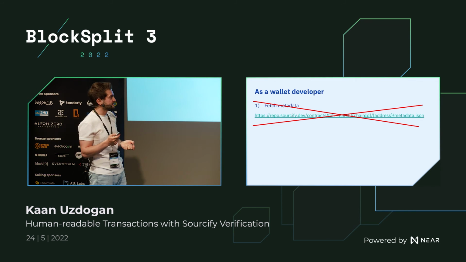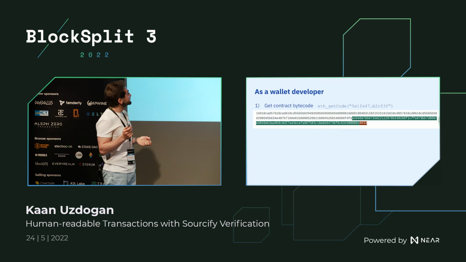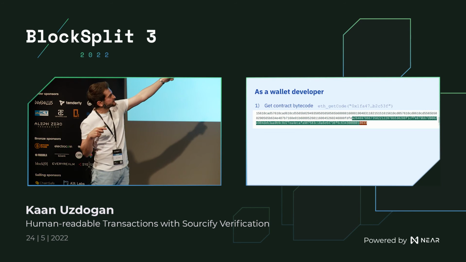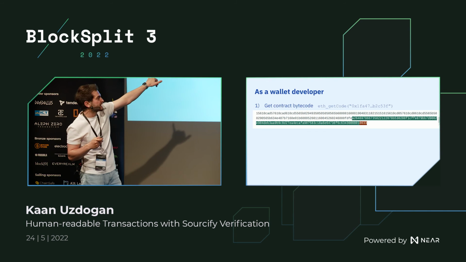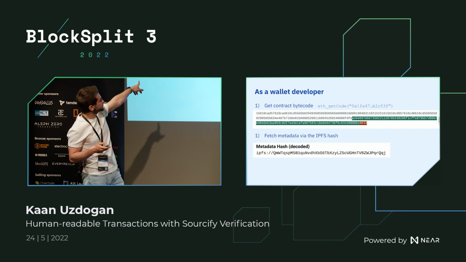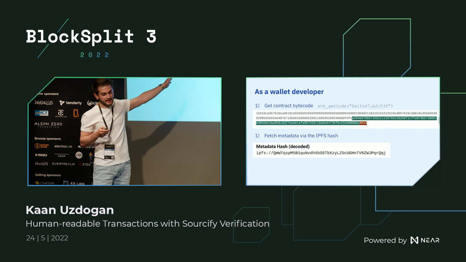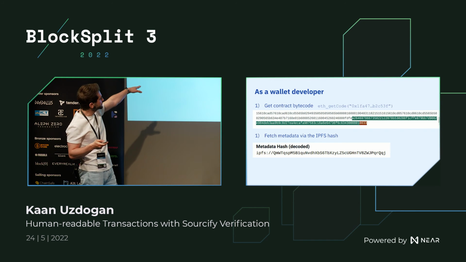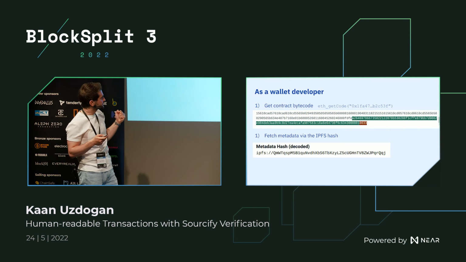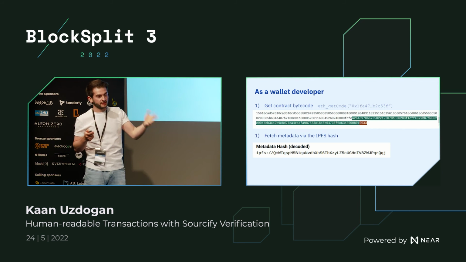What I mean by that is, you have the contract bytecode. Let's roll back. And this section has the IPFS hash of the metadata file, right? The metadata JSON file. So you can decode this section, get the IPFS hash, and you can pull the metadata file from IPFS if it's already published.